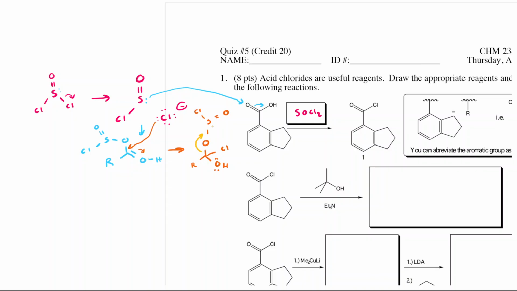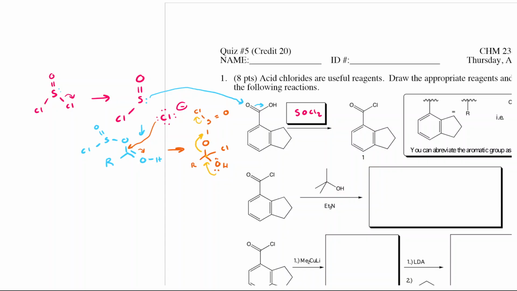That bond creation is going to have the sulfur push out the chloride, and to ensure that the central carbon here still has 4 things bonding to it, the lone pairs from the hydroxyl are going to push up as well.